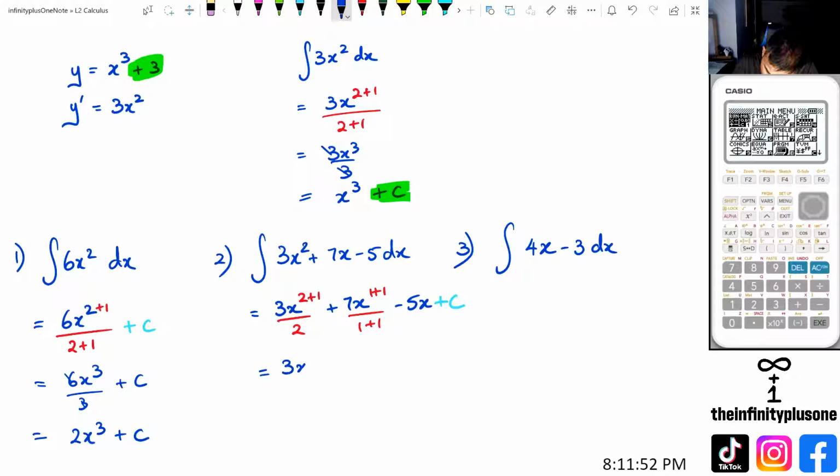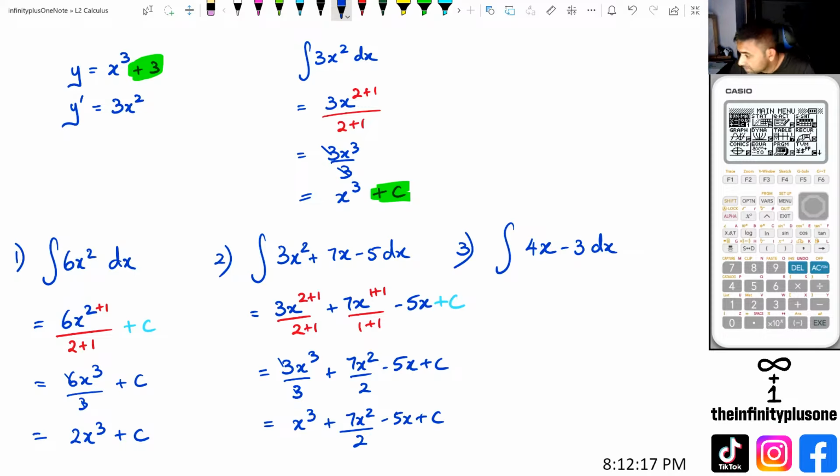So we've got 3x to the power of 3 over, I forgot the 2 plus 1 there, sorry, that should be 3, plus 7x squared over 2, minus 5x plus c. Simplifying this, the 3s cancel out. I've got x cubed plus 7x squared over 2 minus 5x plus c.